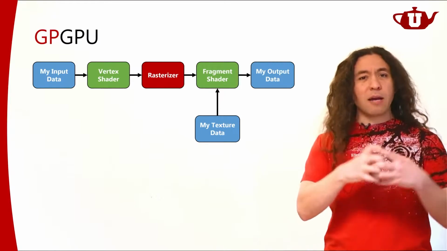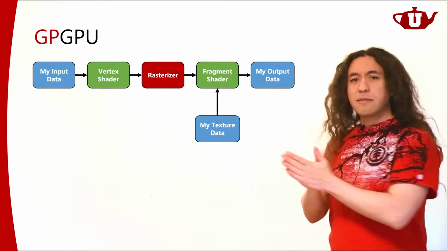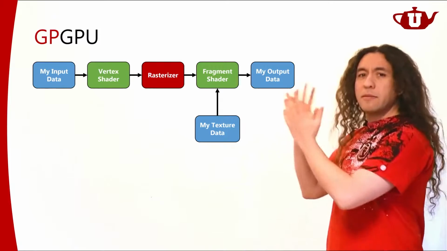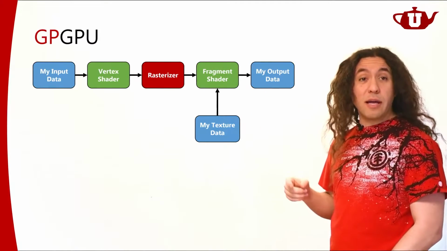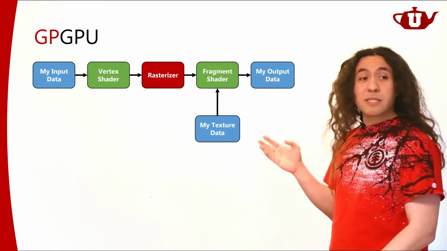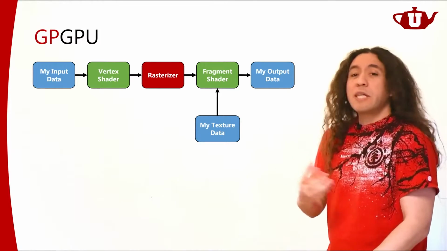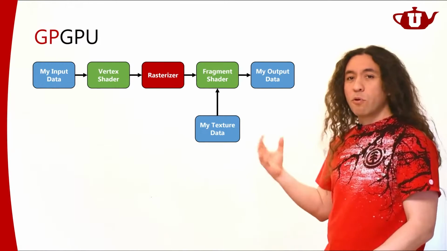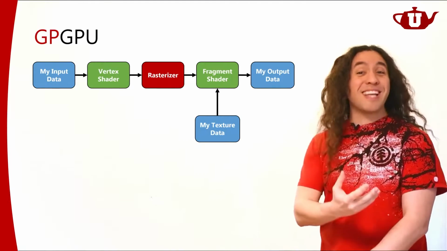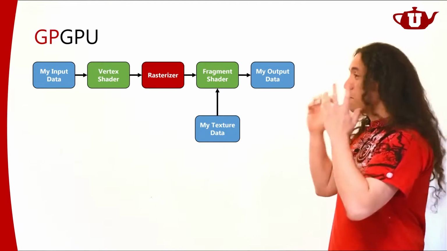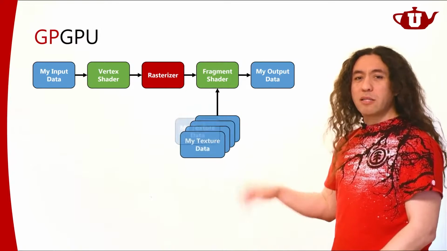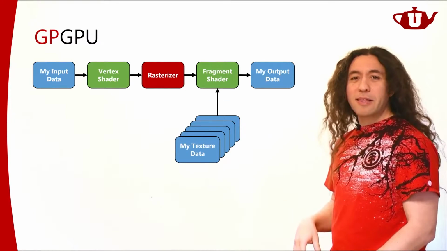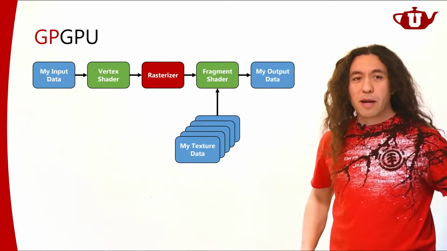I pack my data, whatever that is, as a texture, and as long as it's packed as a texture, I can access it in my fragment shader and use it. It doesn't have to represent any meaningful texture image or anything. It doesn't have to correspond to anything that we perceive as texture. It's just some data, I pack in some texture storage, and I can just put multiple texture data like this and send it to my fragment shader.